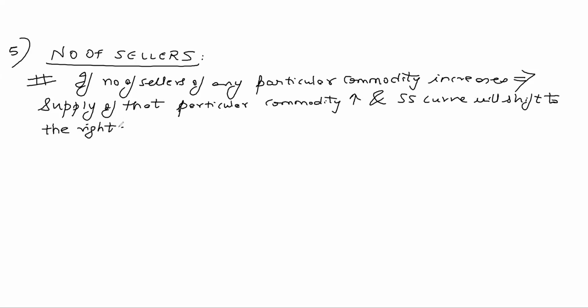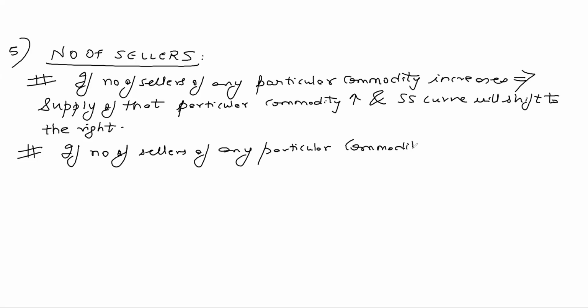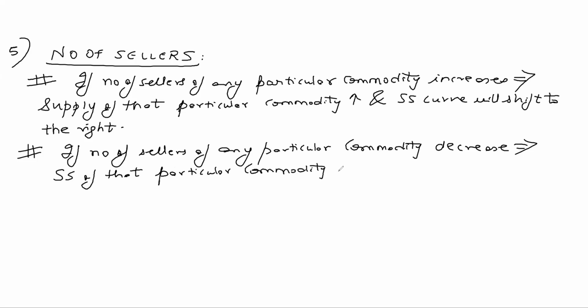And exactly the opposite will happen if the number of sellers of any particular commodity fall. Suppose the industry is making losses, so some firms exit the industry. So if the number of sellers of any particular commodity decrease, it implies supply of that particular commodity will decrease and the supply curve will shift to the left.